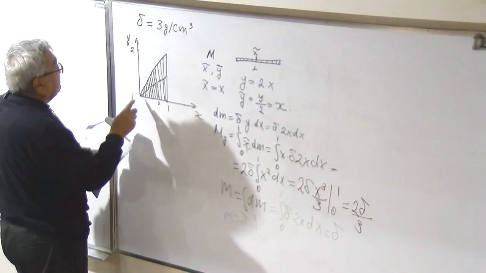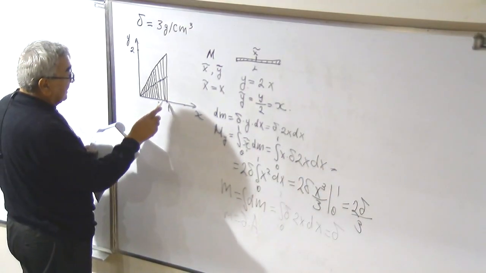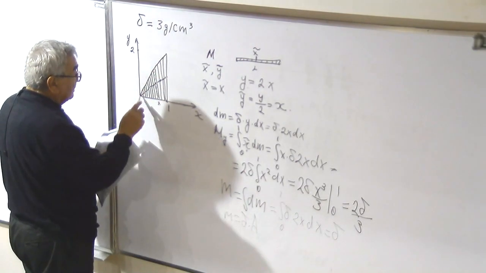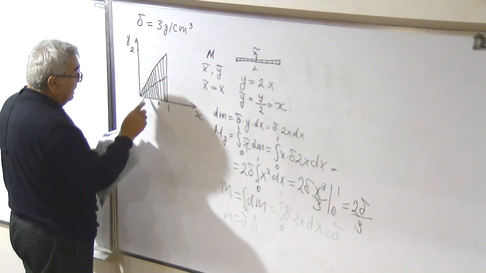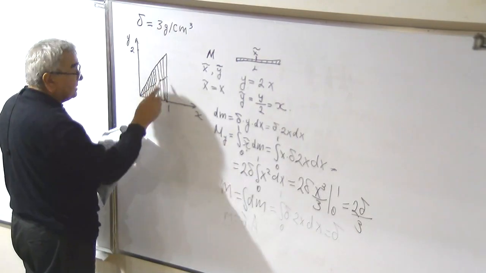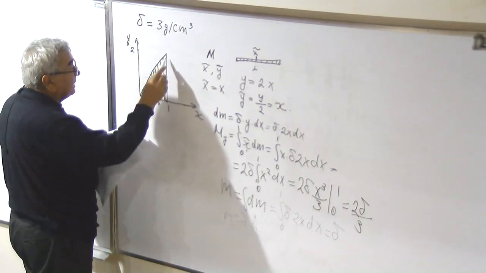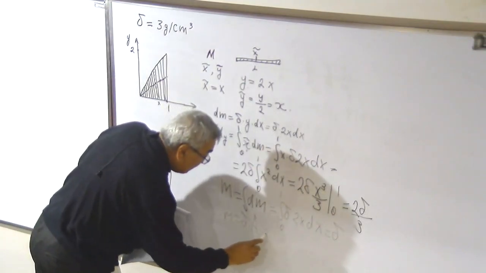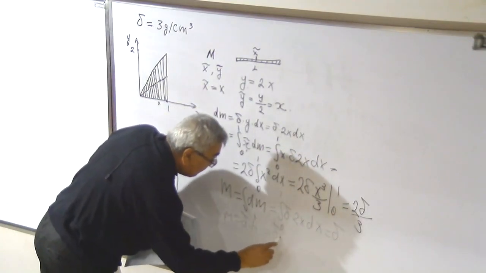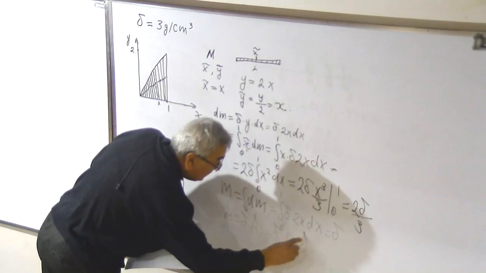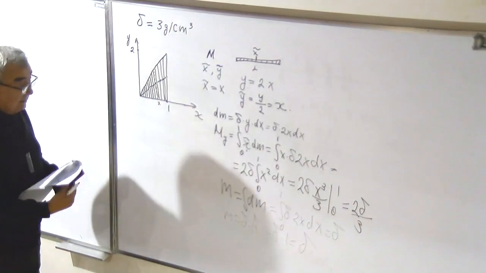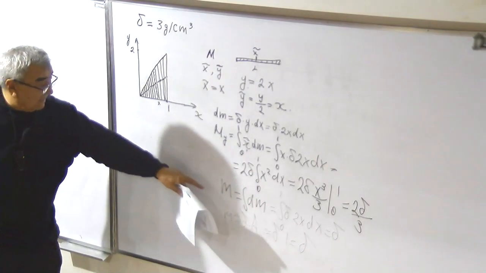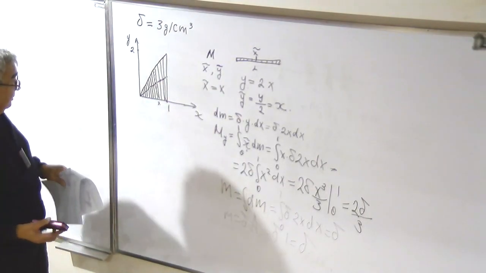You see, this side is equal to 1. That means this side is equal to 2. That means it will be equal to the product of this to this, half. Because this will be 2 divided by 1. Again, you receive delta times 1, that is equal to delta. That means the mass is equal to the value of this.